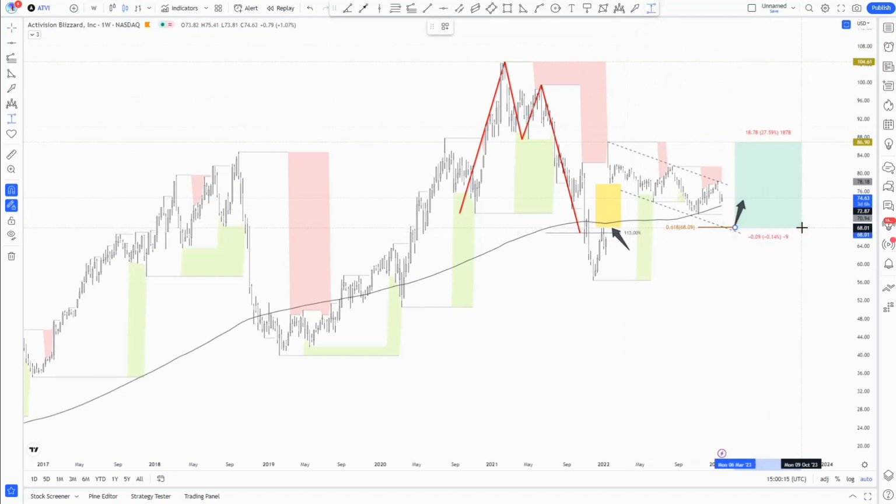Let's do the same exercise over and over again. If I target a move that offers me 27% as a potential reward, I cannot put my stops at 30%. As I said multiple times, the maximum that I'm allowed to use is a 27.59% reward risk.